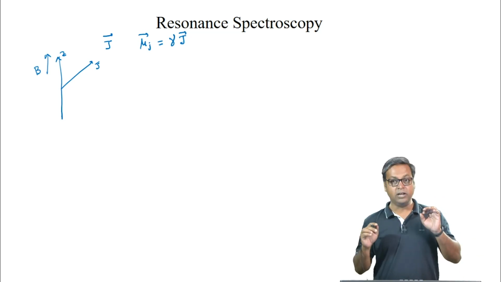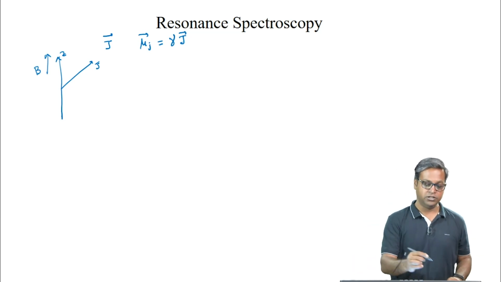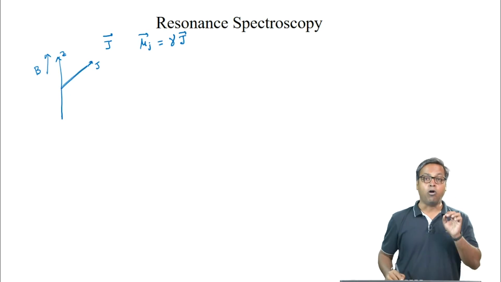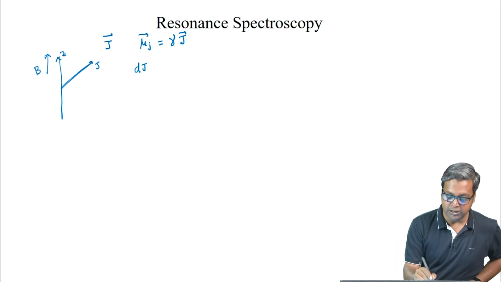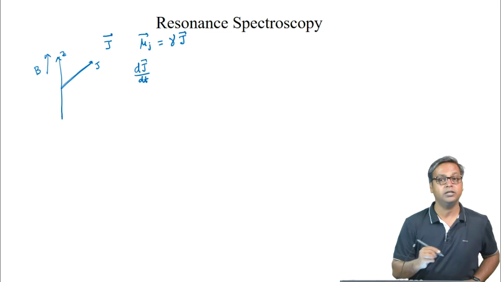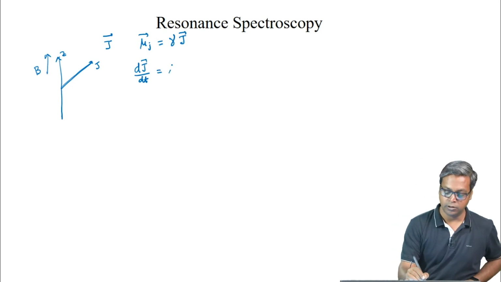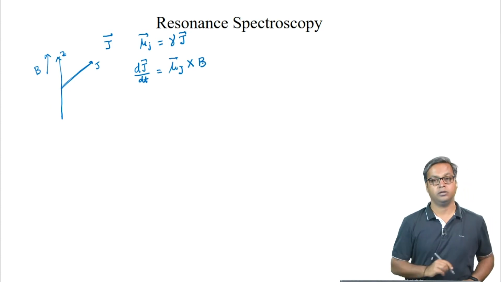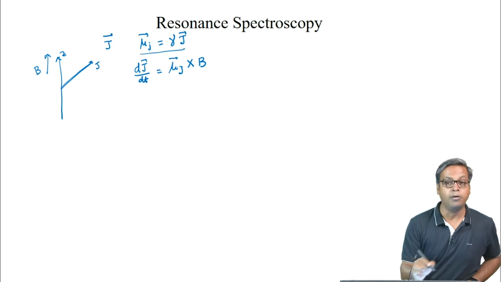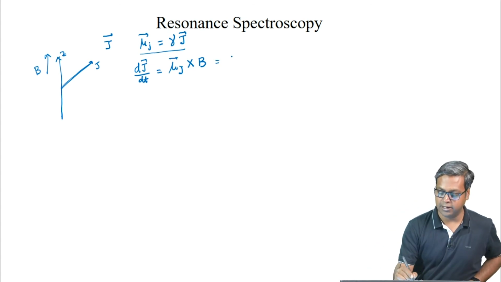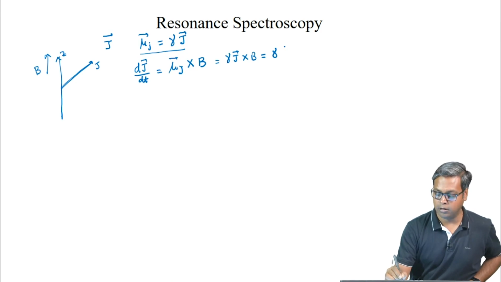Then for an orientation of J, a torque acts on the magnet, which is given by dJ/dt equals mu_J cross B, and because mu_J is given by gamma J, we can write this as gamma J cross B.